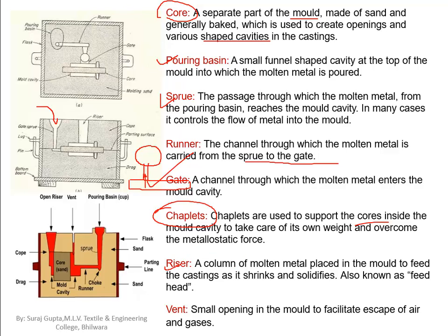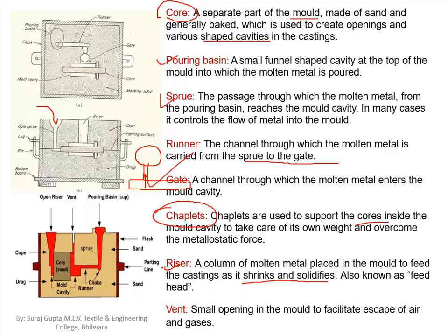Riser. What is a riser? A column of molten metal placed in the mold to feed the casting as it shrinks and solidifies. After the liquid metal shrinks or solidifies, there is a requirement of a little bit of liquid metal to fill, and that is provided by the open riser.